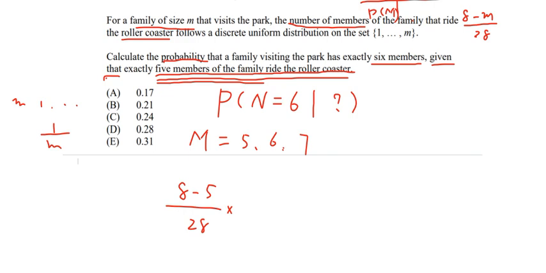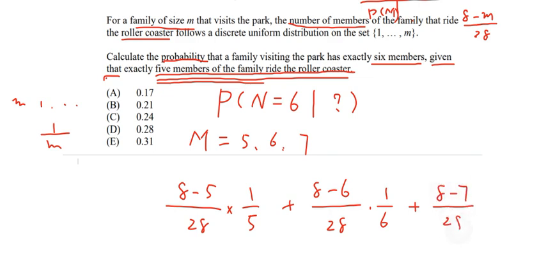If we have 5 people, it's 1 over 5, the probability that 5 people play this. Then for family size 6, among the 6 people, 5 people will play the game, so the probability is 1 over 6, 1 over m. Then here is (8 minus 7) over 28, and 1 over 7.